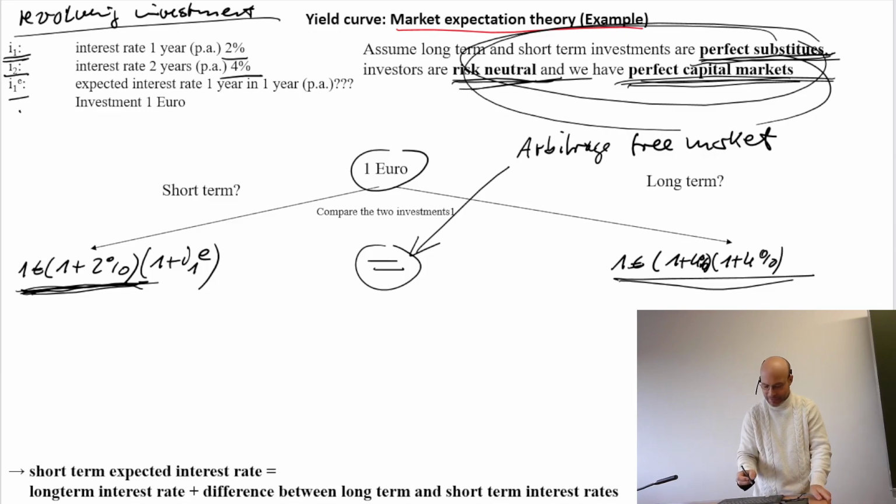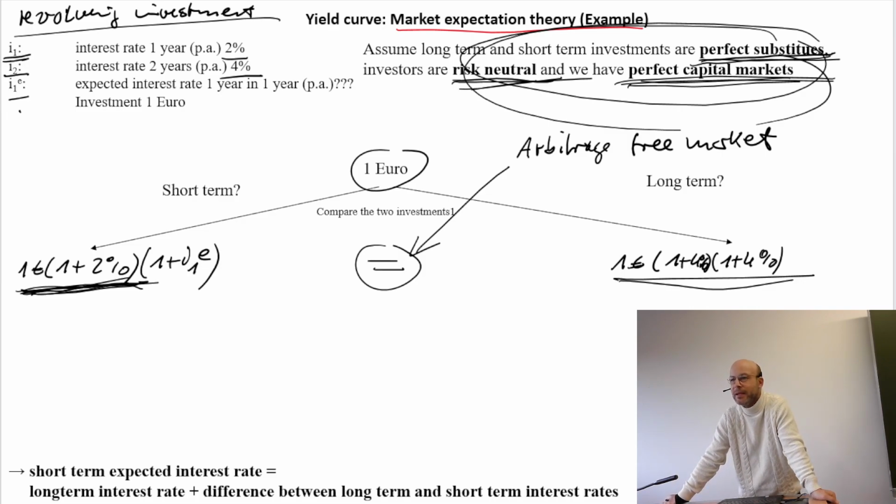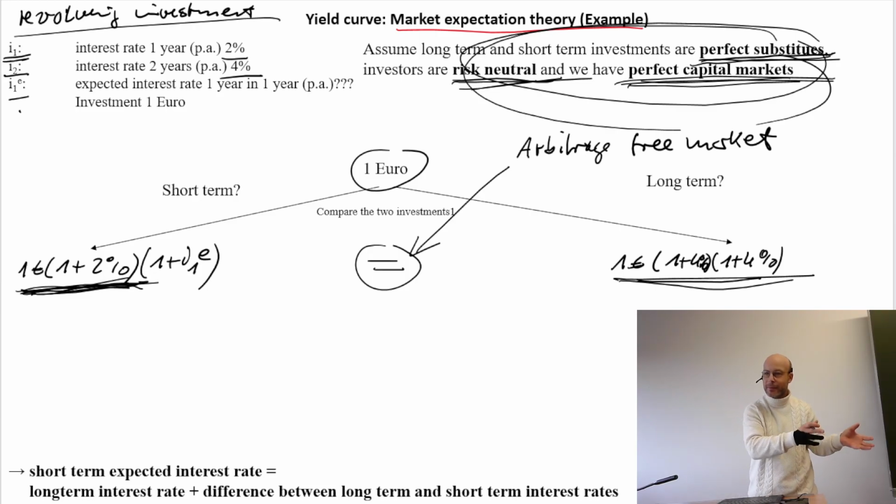So if, for example, here the yield, the interest rate, would be lower, then I could take a credit for a lower interest rate, take the money and invest it with a higher yield.